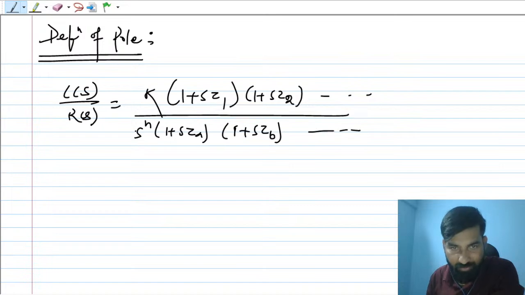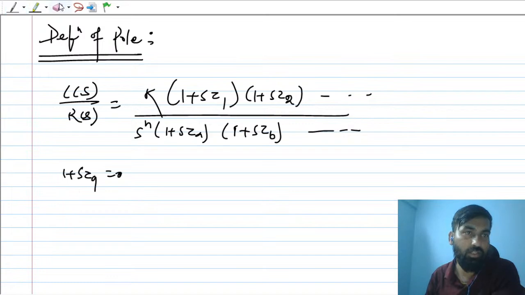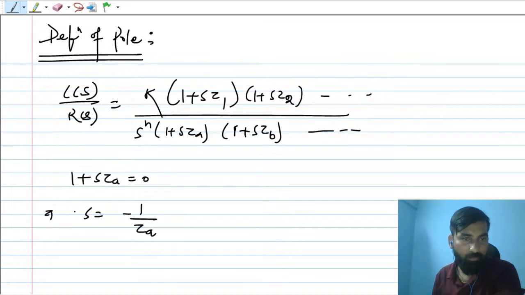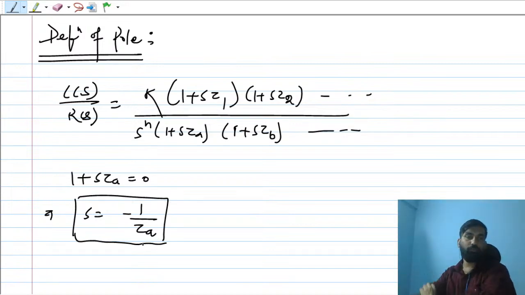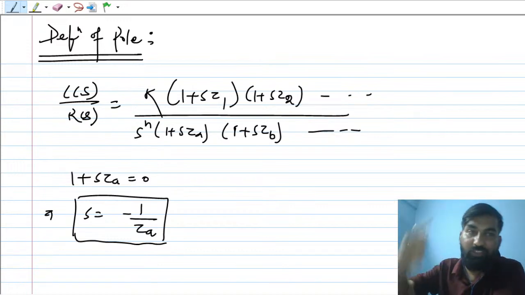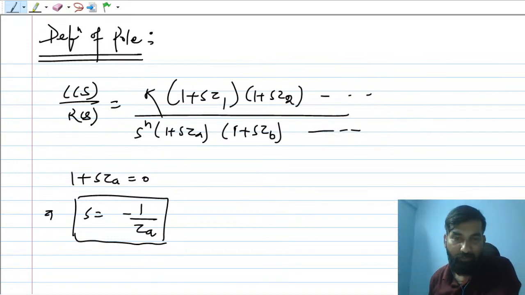If you equate the denominator, 1 + sτa, which is not at the origin, to 0, you will get s equal to minus 1 by τa. The pole of the system is nothing but the negative of the inverse of the time constant.